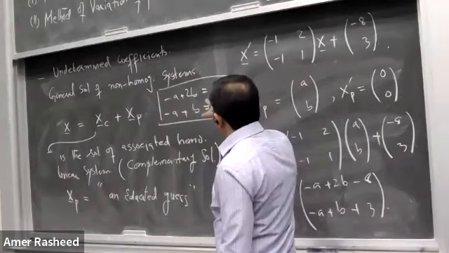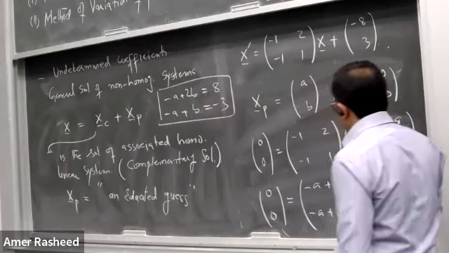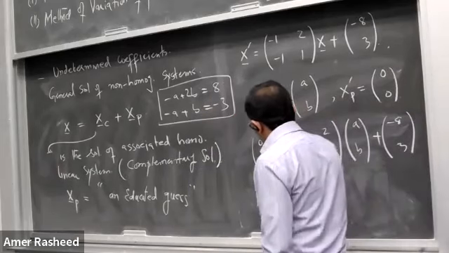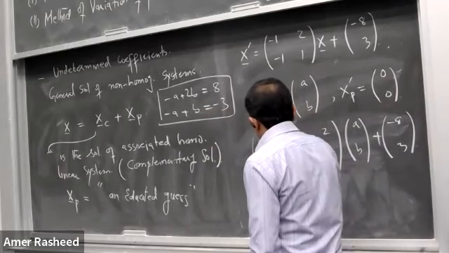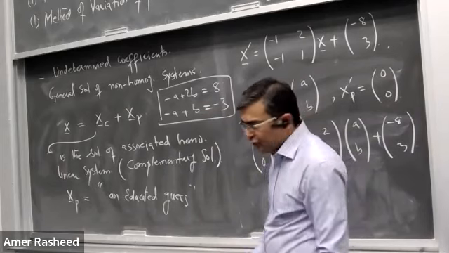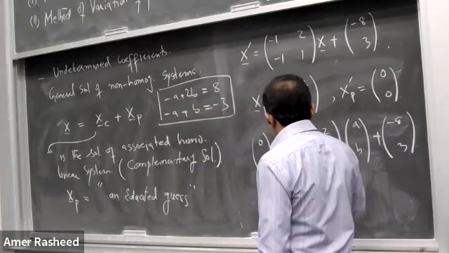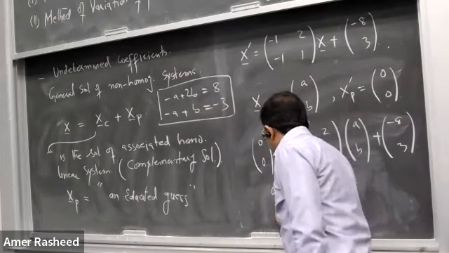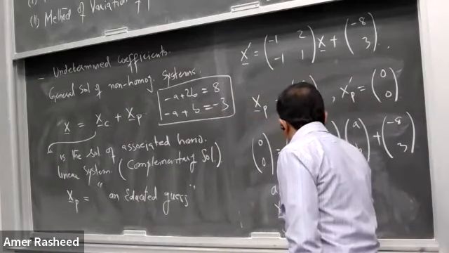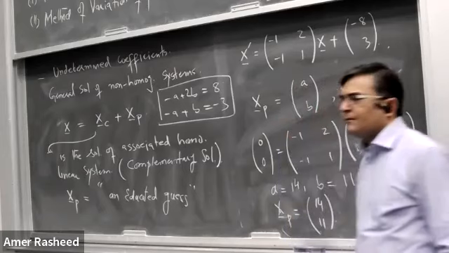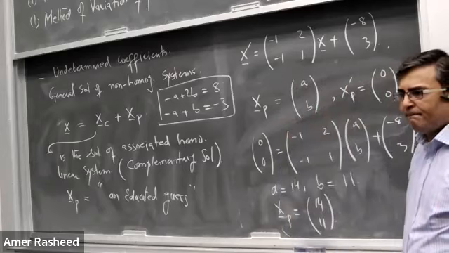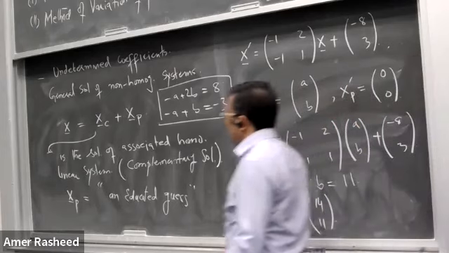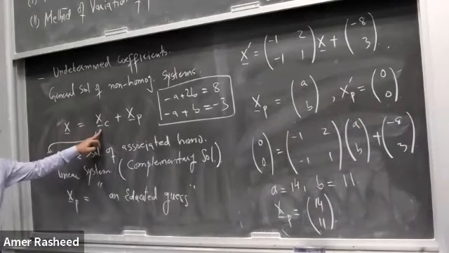After solving this system, we obtain the values of A and B. The value of A is, I think, 14, and the value of B is 11. So our particular solution will be [14, 11]. Once we obtain a particular solution, we can write the general solution because we already have the complementary solution.